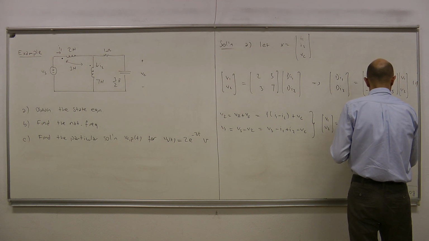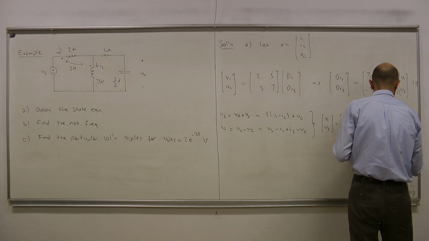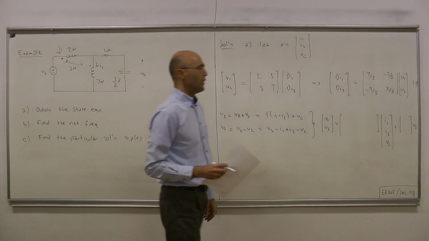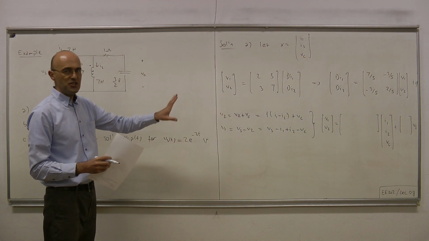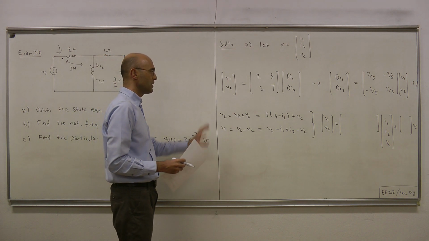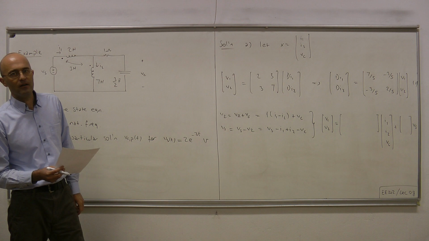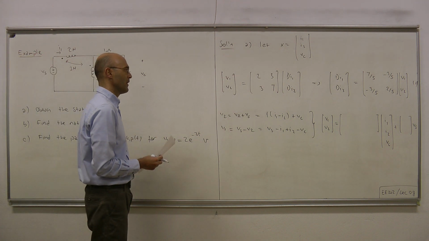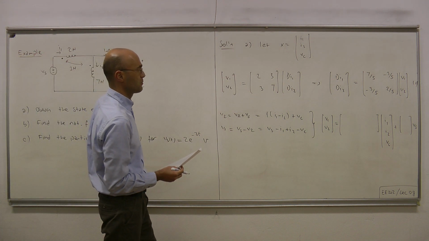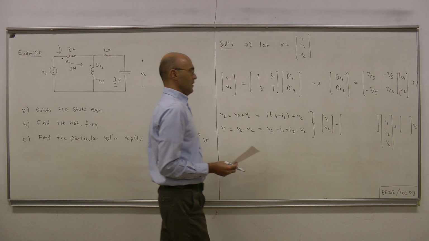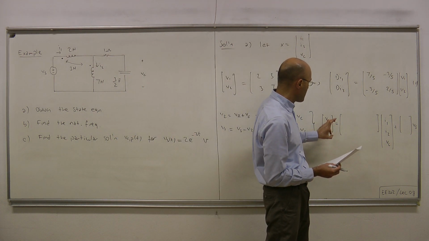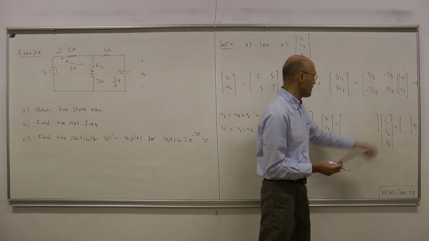You don't have to do this, but it's easy if you keep the matrix form to obtain the final state equation. So, what are the entries of those matrices?